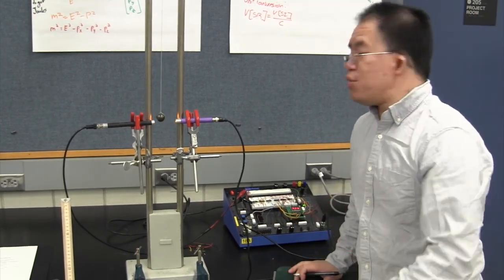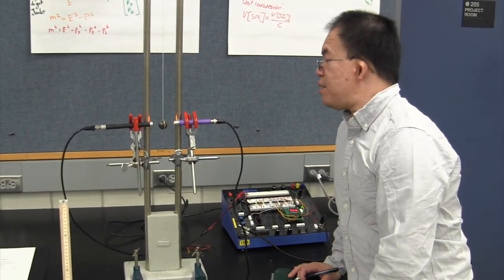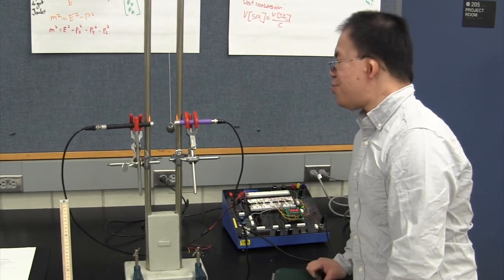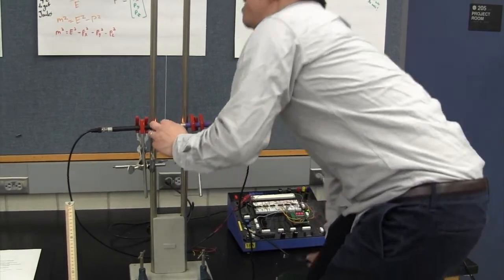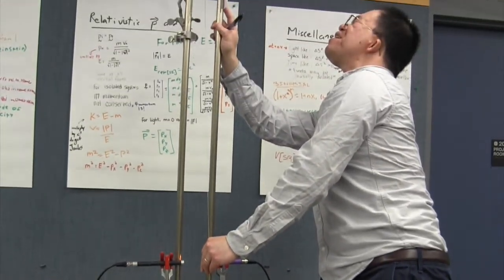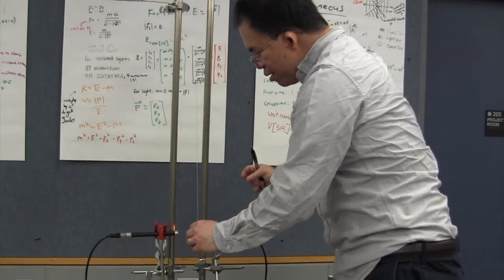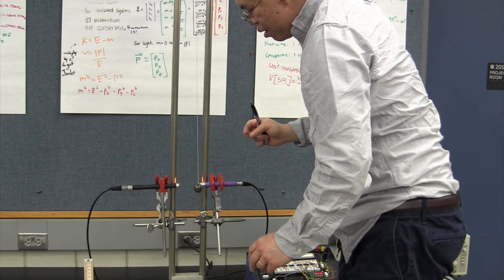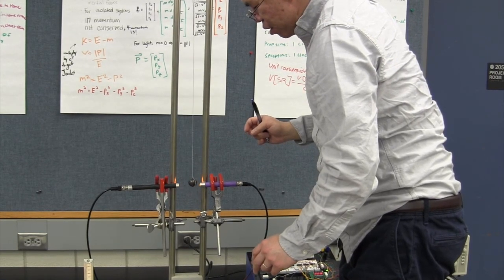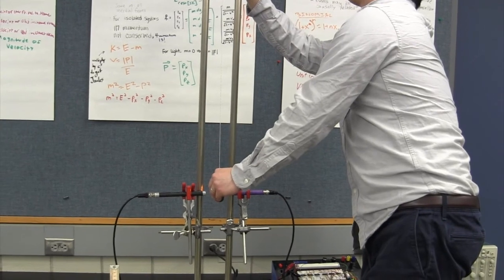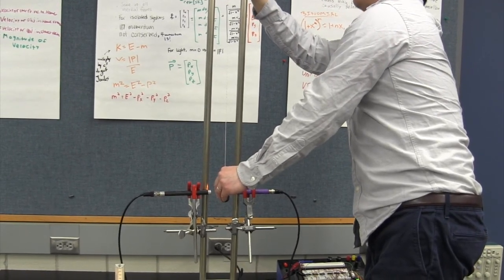Let's do one or two more measurements just to be on the safe side here. I'll clear this, climb up there again, and okay, that's about 10 degrees, and I'm going to release it. I'm going to do that again. It's about to hit the photogate, so let's just try that again. About 10 degrees.